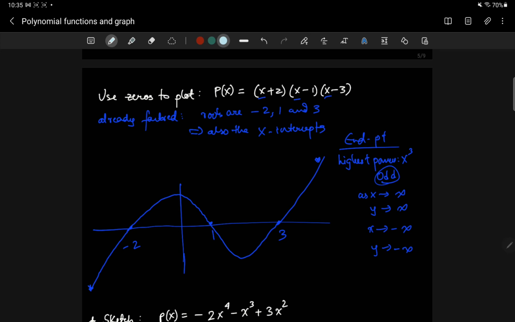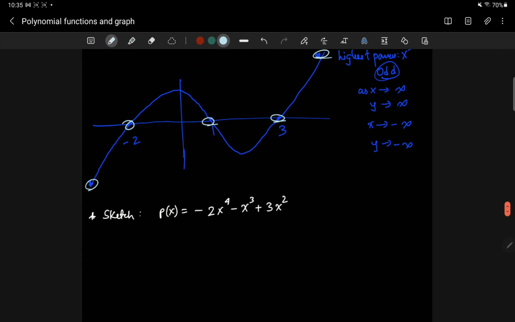Because there's also a possibility that I could have done something like that. So why not that? We are going to learn that later. But for now, the important part is that it goes through these and you have the end behavior which gives you the shape.